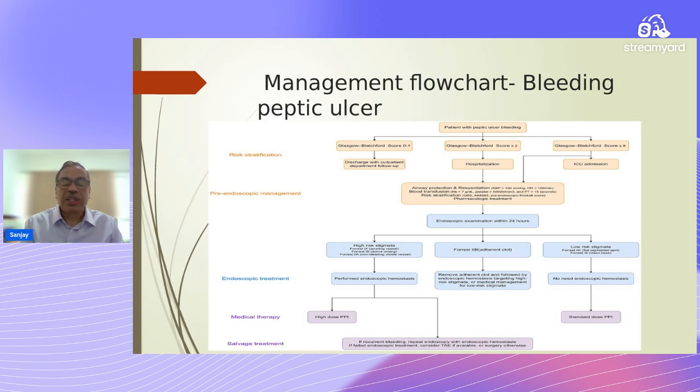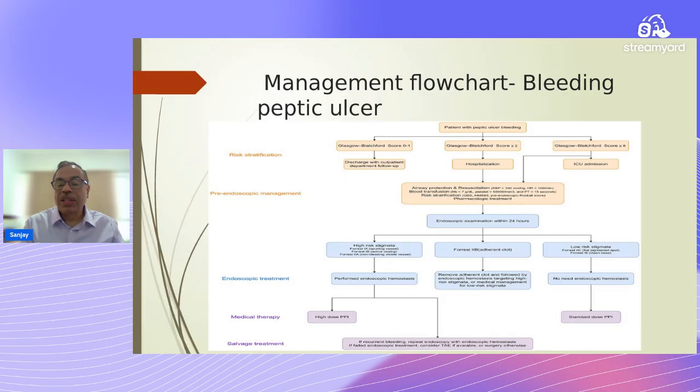Endoscopic examination should be done within 24 hours after resuscitation. If there are high-risk stigmata like a bleeding vessel, visible vessel, or adherent clot, perform endoscopic hemostasis. Simultaneously start high-dose PPI therapy and perform endoscopic hemostasis, which we have just discussed.